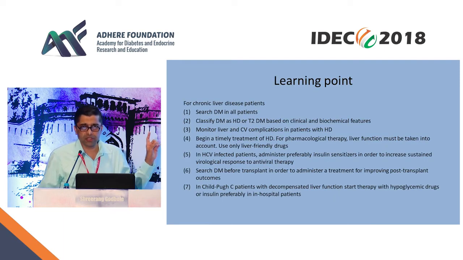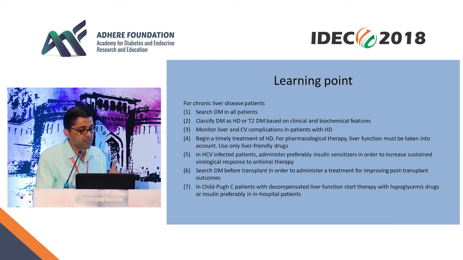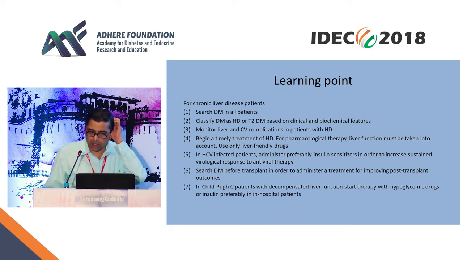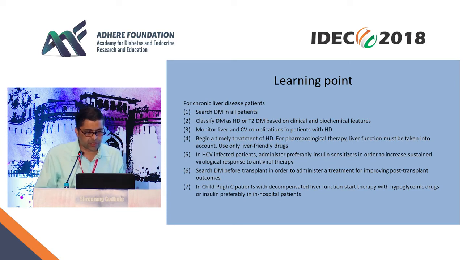So the learning point is, if you have a patient with chronic liver disease, please search for diabetes, and it's helpful if you can classify it as hepatogenous or type 2. You monitor the liver and cardiovascular complications in these individuals, you start treatment timely, and you take into account the liver function, use liver-friendly drugs.